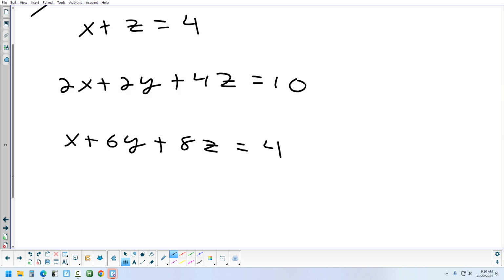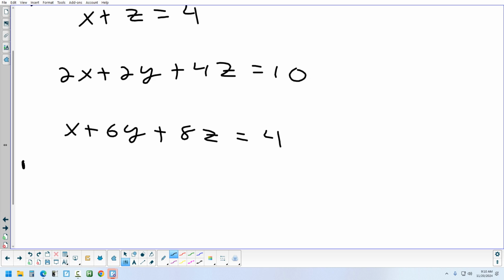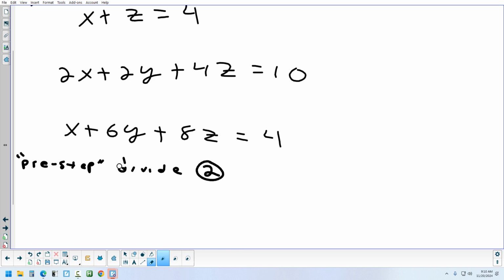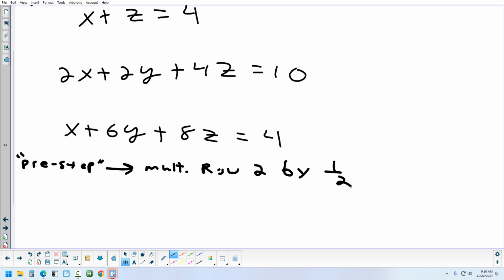But let's do it. All right. So when we write this as a matrix, I'm just going to put down a pre-step. Instead of dividing by 2, that's the same as multiplying by what? Yeah, pre-step: multiply row 2 by 1/2.